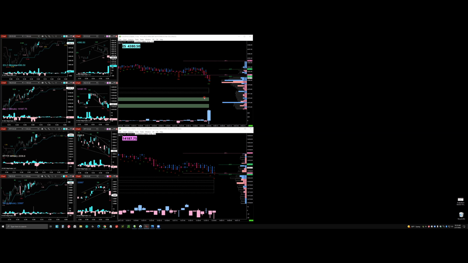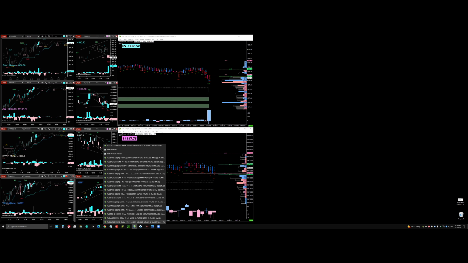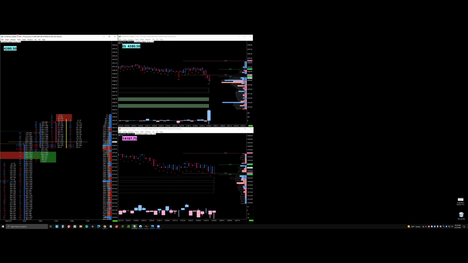That is 1,000% correct. Okay, so that covers my fast footprints and my contextual footprints, which is pretty much all I use for scalping: a 30-minute and 15 seconds. I do have the entire session running on the other monitor, but I will rarely, if ever, make a decision about a scalp trade based on the entire session.